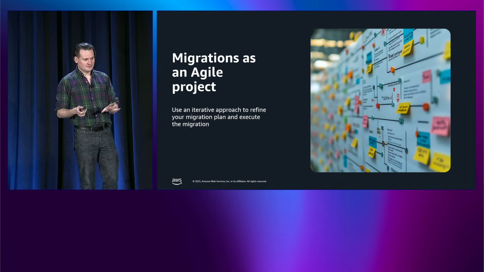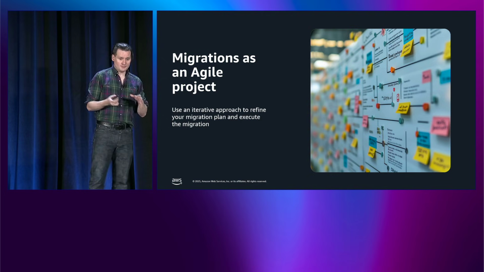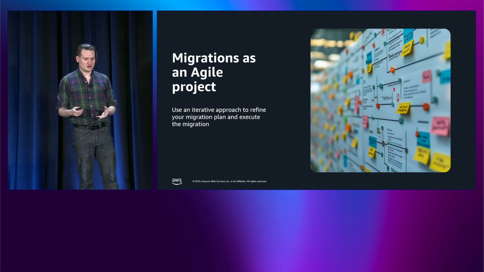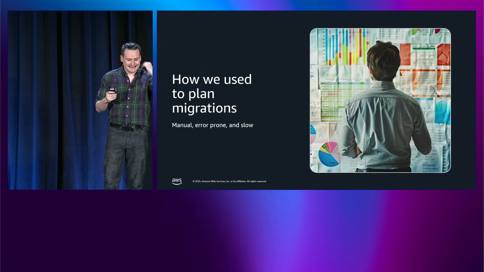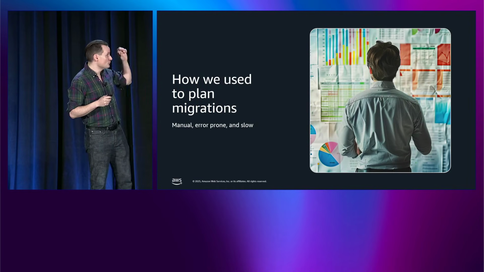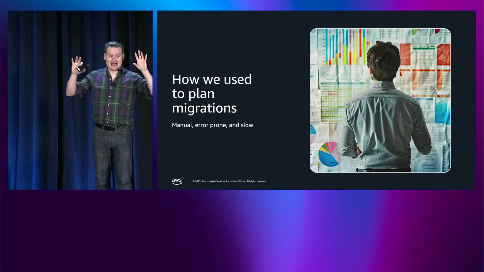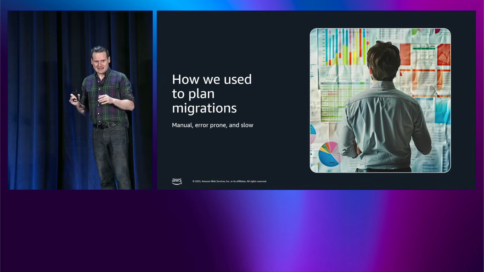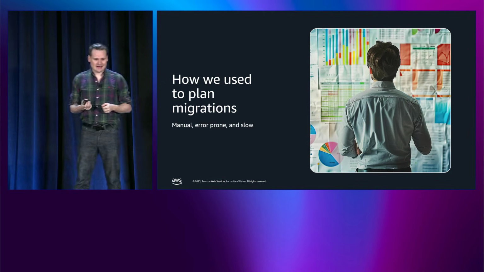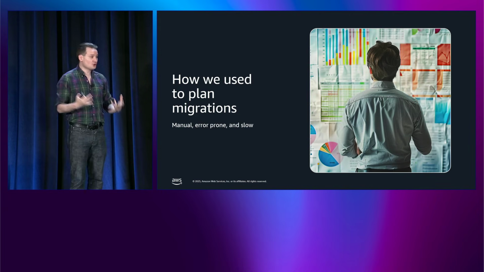And with that in mind, one of the biggest challenges that comes with migration planning, being an agile project, is that this is how we got used to planning projects. Ultimately is through staring at spreadsheets and Gantt charts and Jira boards and so forth. And the headache here is that it's so much manual work to track this.